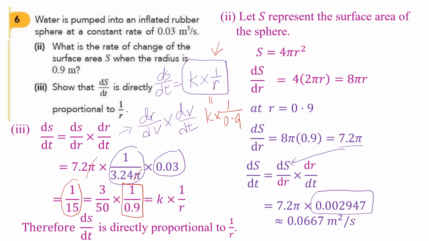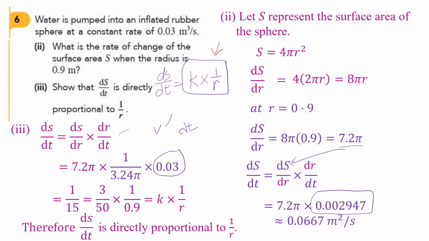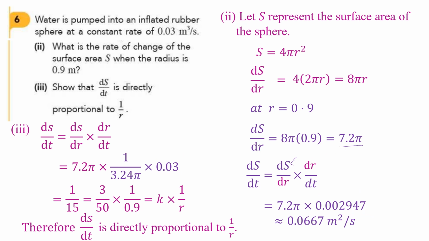Okay, sorry. Let me try to explain again. First of all, let's erase all this. What we are trying to do here is to show that your ds over dt is directly proportional to 1 over r, means to show that the ds over dt is equals to k times 1 over r.